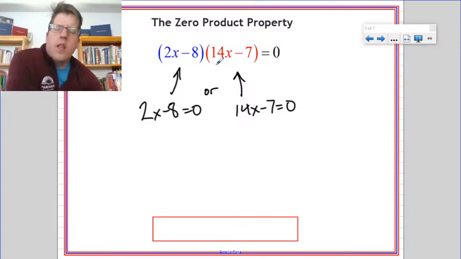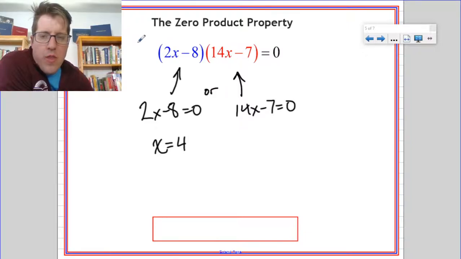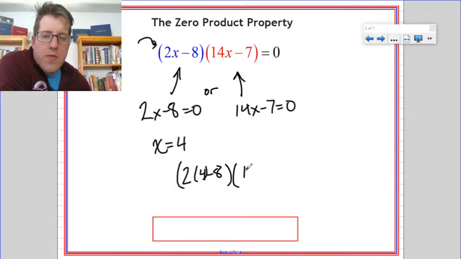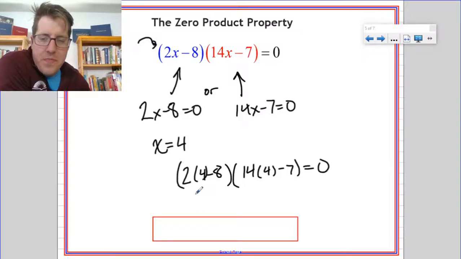So let me explain what that means here. If I plug in x equals 4 to this equation and it equals 0, it means that that's a solution to my equation. So if I say 2 times 4 minus 8 times 14 times 4 minus 7 equals 0, I want to know, does x equals 4 make this equation true?